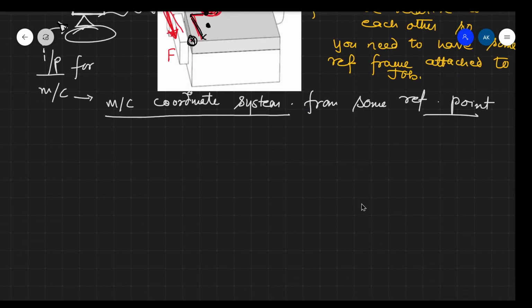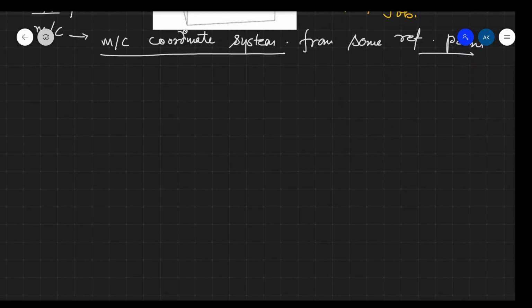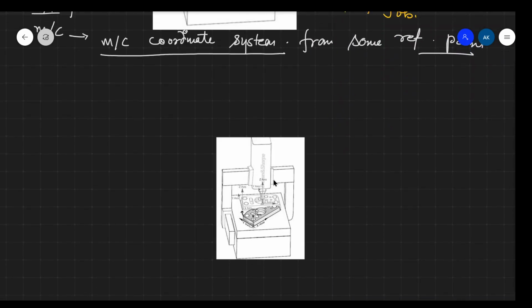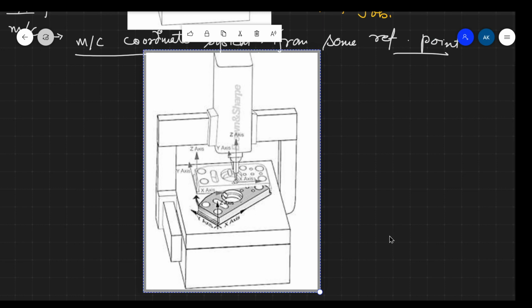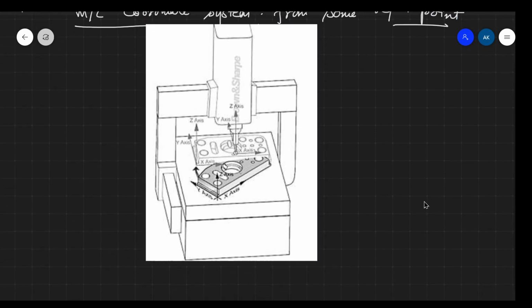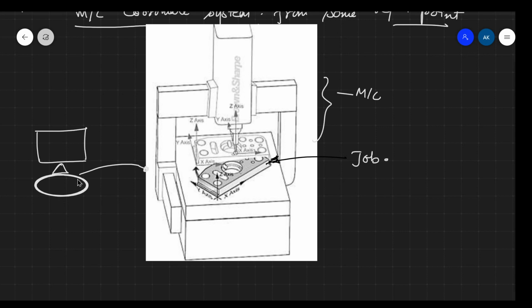So let's see this again. Now take another example picture. Now you see, this is the job, and this job is placed on this machine. There's a system which is not shown over here, but you should know this is attached to this machine.